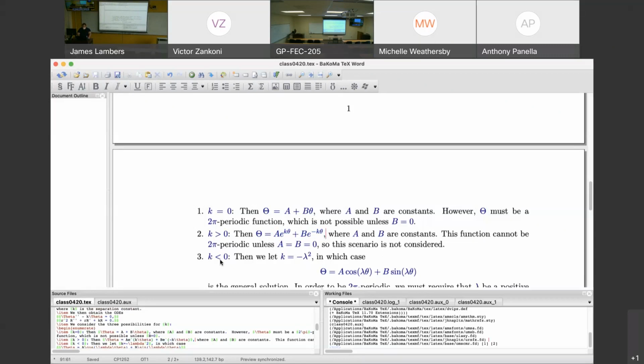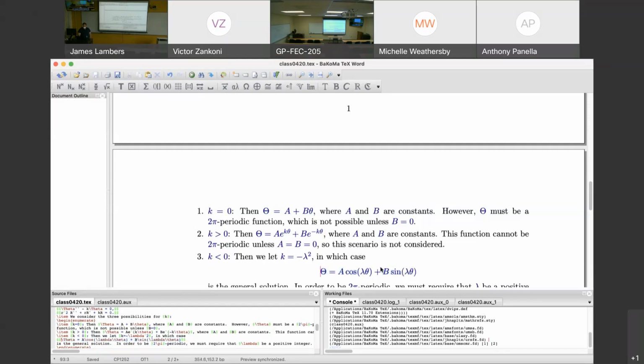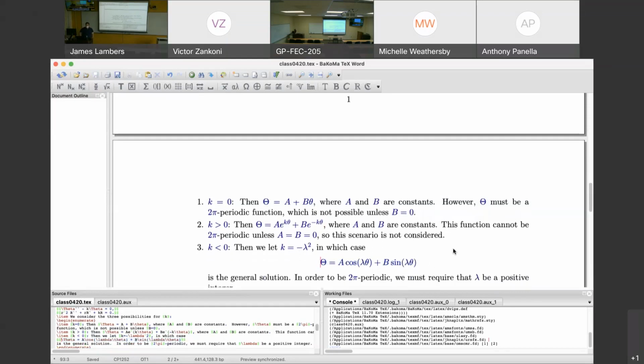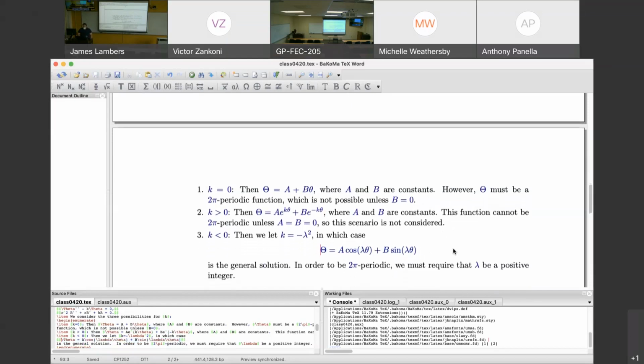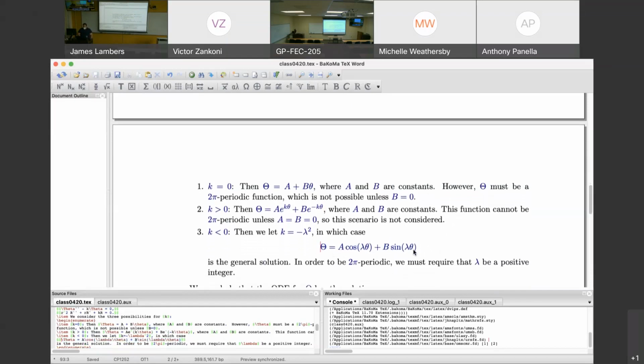And then finally, when k is negative, we can write k as minus lambda squared, where lambda is assumed to be non-negative. And we get a general solution of this form. Well, a combination of cosine and sine. And that certainly works. We just have to make sure this is 2 pi periodic, which will happen as long as, for this case of k strictly negative, we require lambda to be a positive integer.